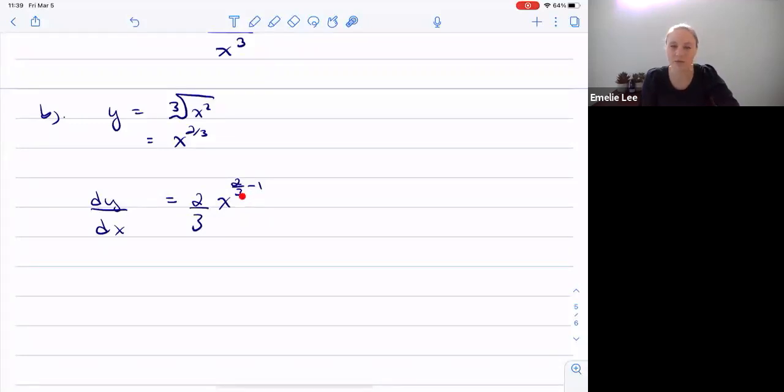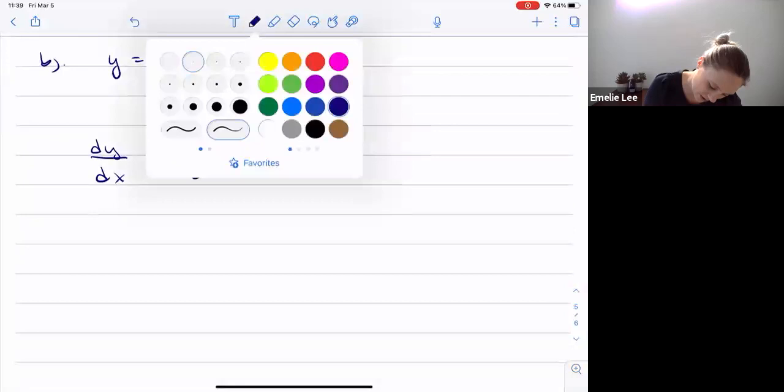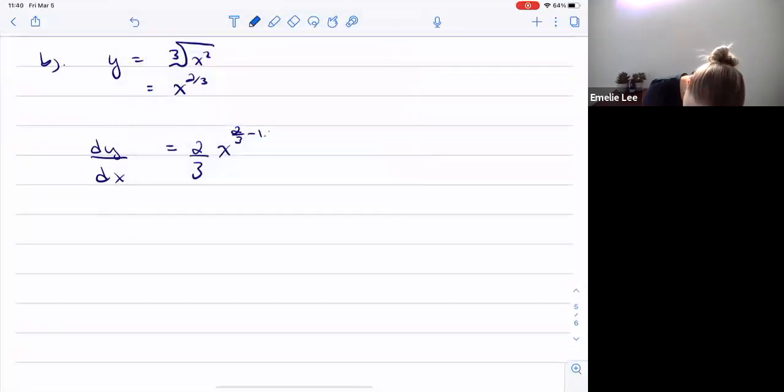Remembering how to subtract fractions, I need to have a common denominator, so I have to rewrite 1 as 3 over 3. Then I have 2 minus 3, negative 1, over a common denominator of 3, which I will write out here. I'll just show that I'm multiplying by 3 over 3 to force that common denominator.